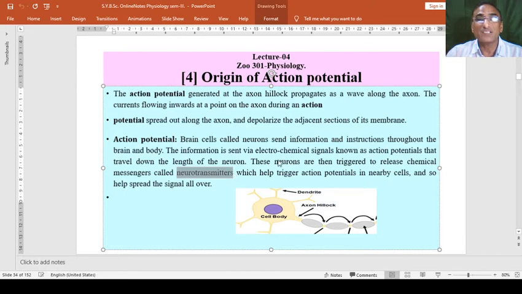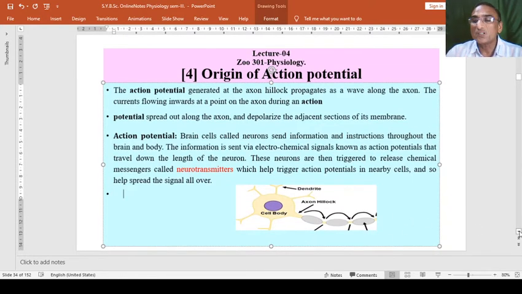Neurotransmitters are the chemicals transmitted across the cleft that facilitate the movement of the message or signal, and they help to trigger the action potential in the nearby or target cells where the message is to be sent. So it helps to spread the signal all over the membrane or cell. In this way the action potential is facilitated.